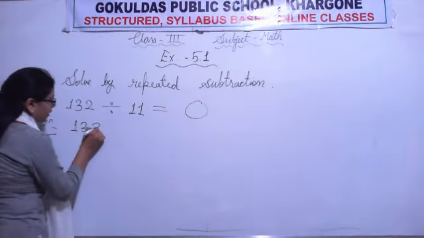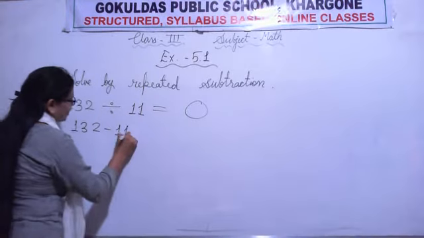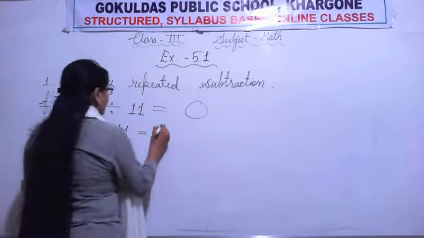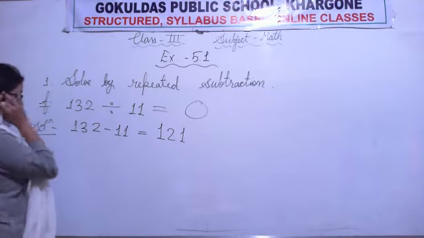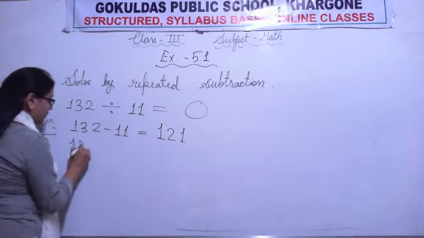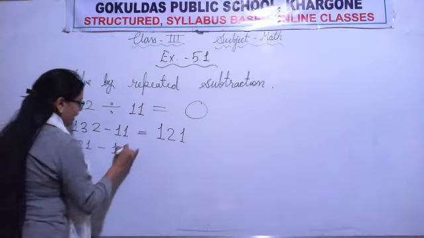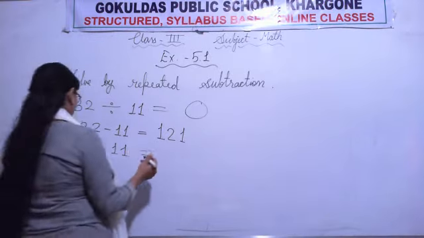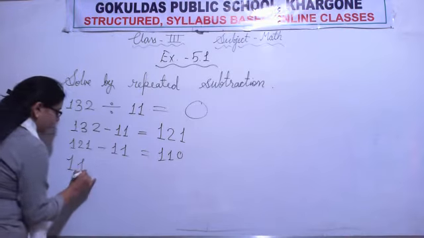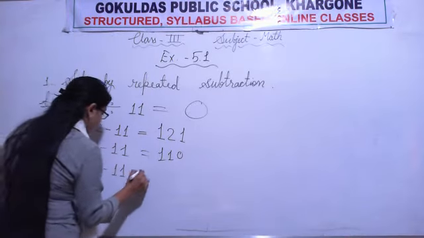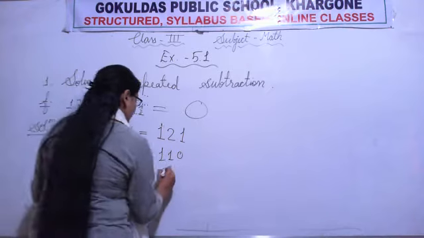So 132 minus 11 is equal to 121. Now 121 minus 11 is equal to 110. Now 110 minus 11 is equal to 99.